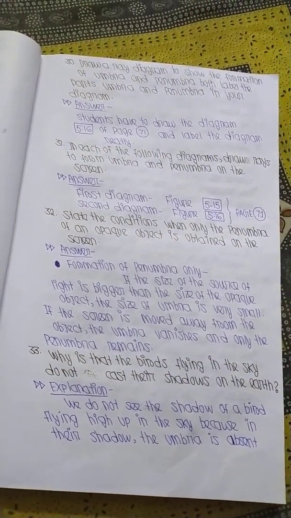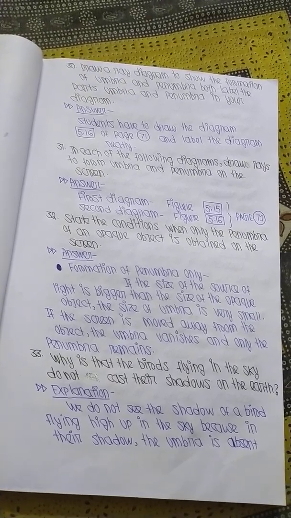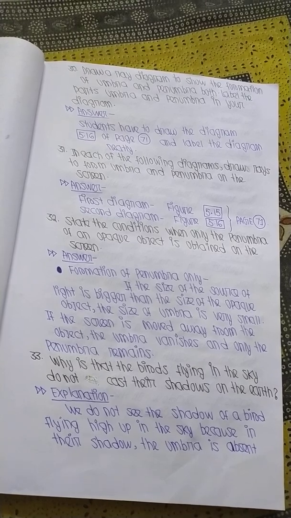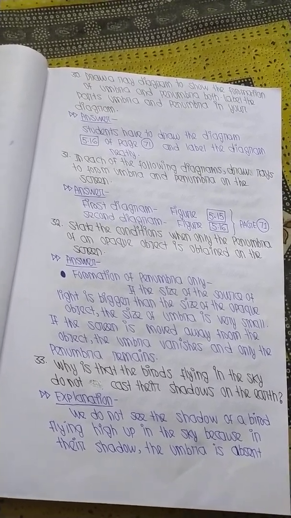Question 33. Why is it that the birds flying in the sky do not cast their shadows on the earth? Explanation.